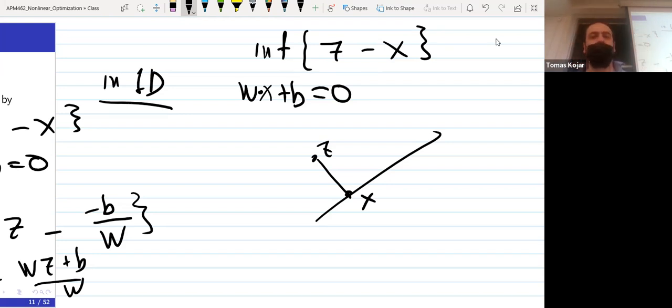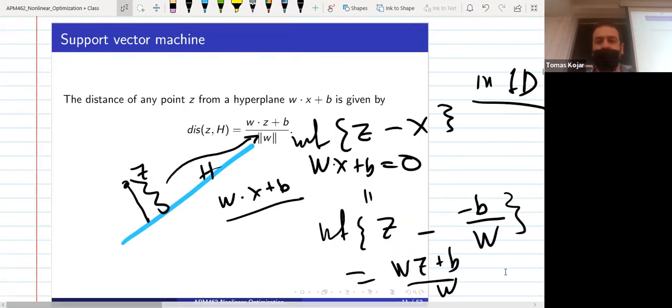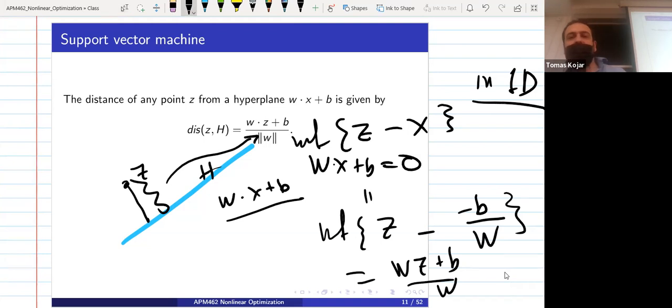But I'm just saying in 1D, where these guys are real numbers, you just plug in what x is, and you get (w z + b) over w. Okay. Yeah, the full thing requires optimization. Yeah, that's right. Thank you.